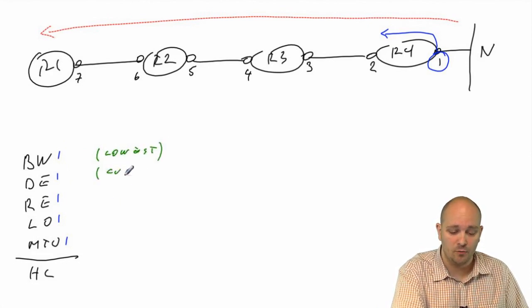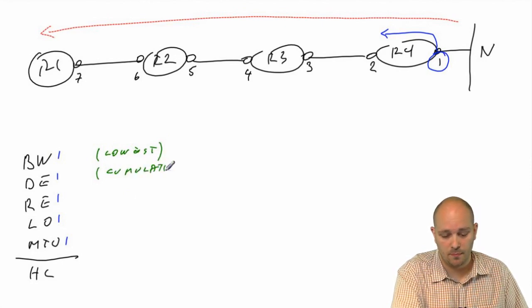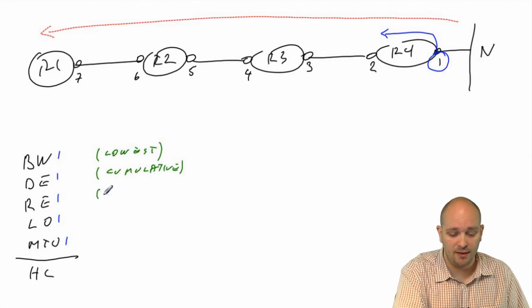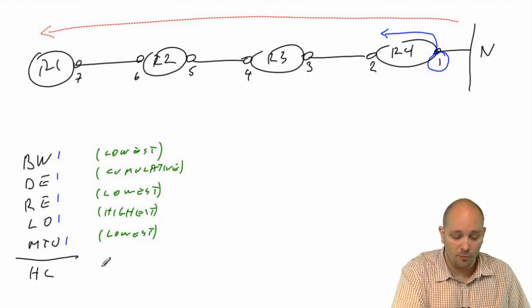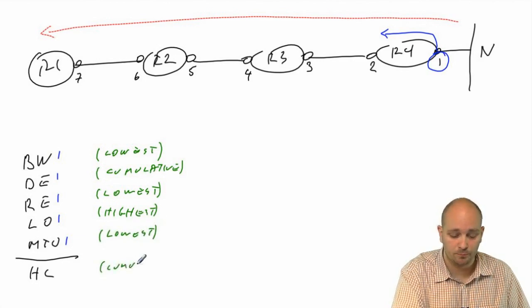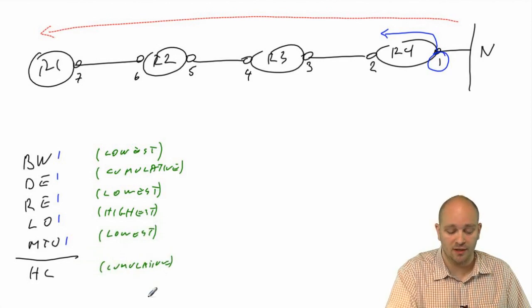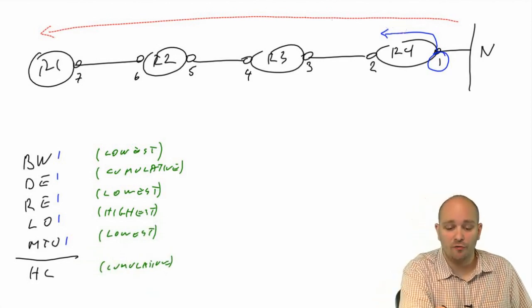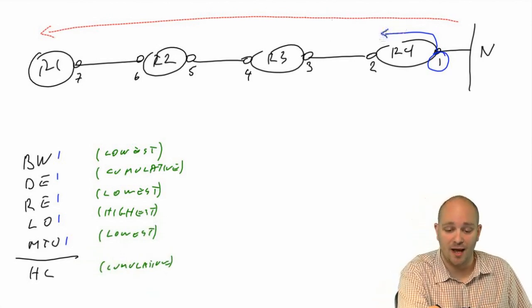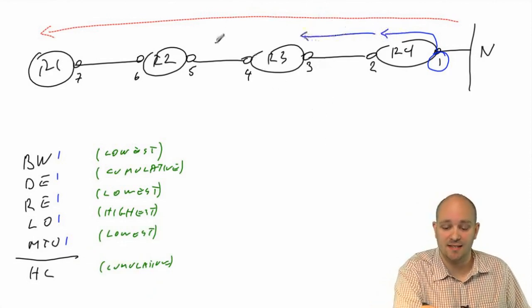For delay, we are going to be seeing the cumulative value. For reliability, we are going to be seeing the lowest value. For load, we are going to be seeing the highest value. And for MTU, we are going to be seeing the lowest value. For hop count, it's also going to be cumulative value here.